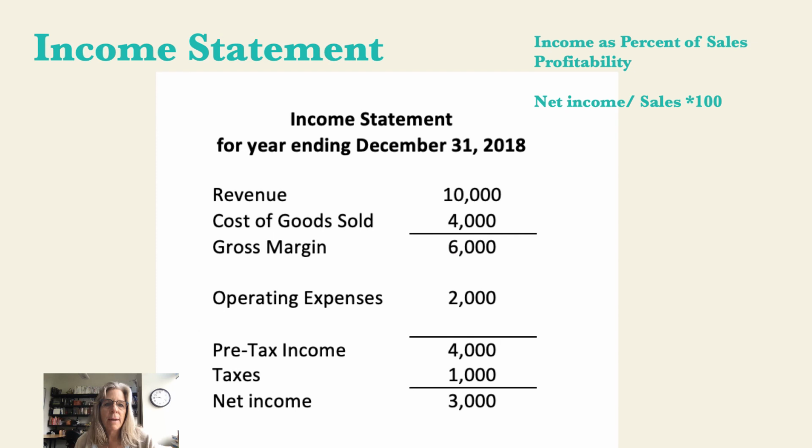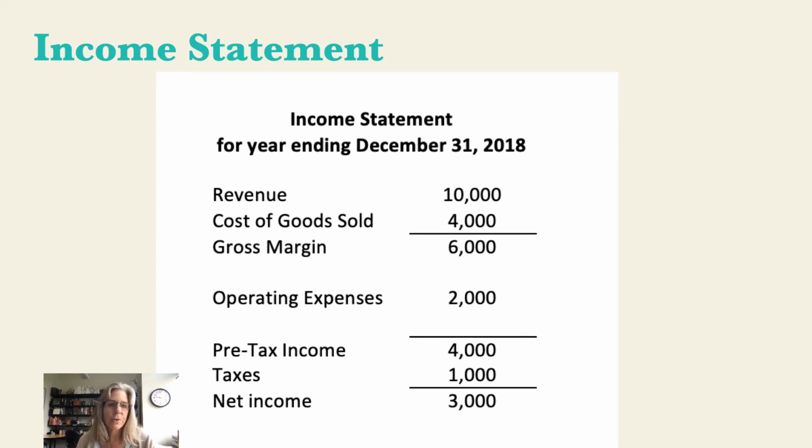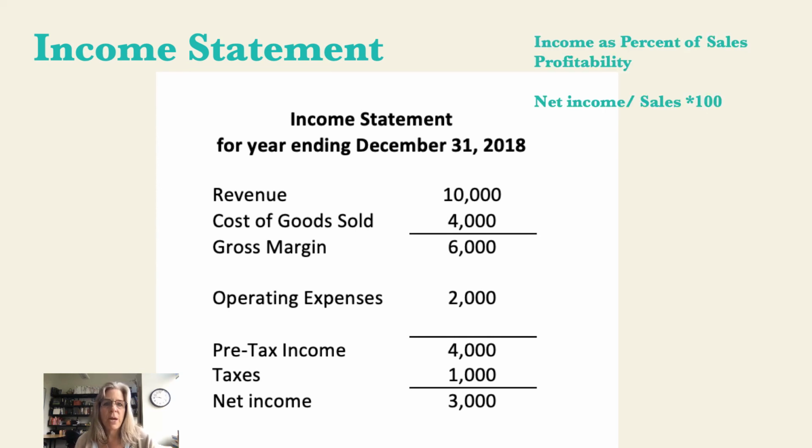So when we look at some of the things associated with the income statement, we want to calculate some kinds of ratios so we can compare one company to another. One of the things we often do is take net income as a percent of sales. So sales and revenue are often used interchangeably. So in this case, we want to look at net income divided by sales times 100 to put it in a percentage.